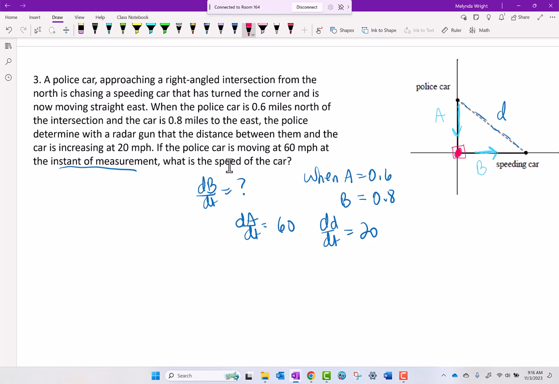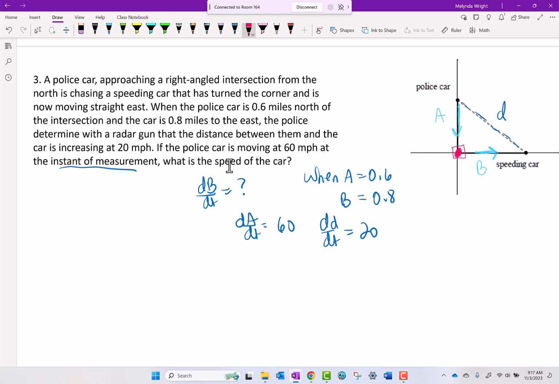So when we write our rates, well, it said D is increasing, so that's positive. What about the rate that the police car is going? Is the distance between the police car and our point of focus, which is this corner, increasing or decreasing? It's decreasing.